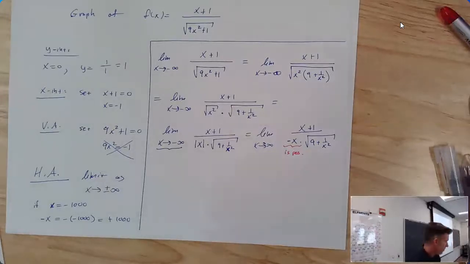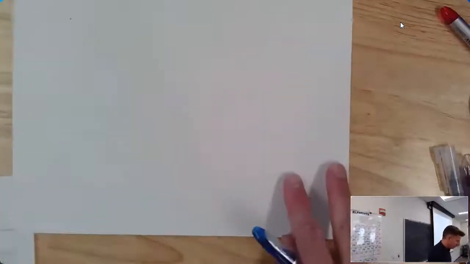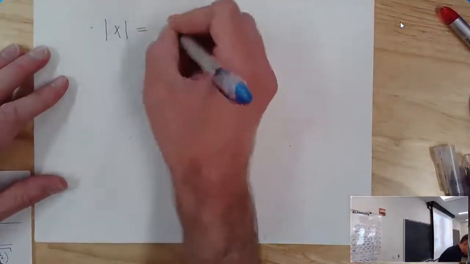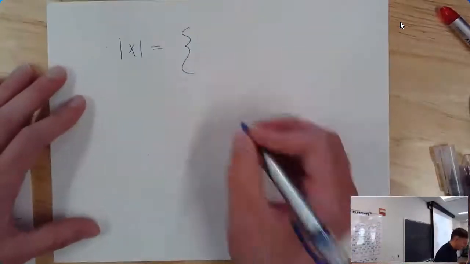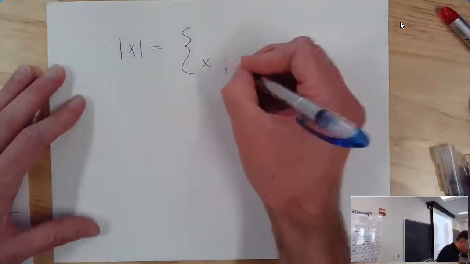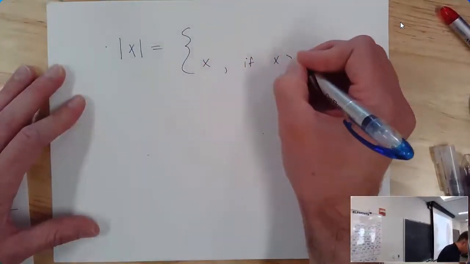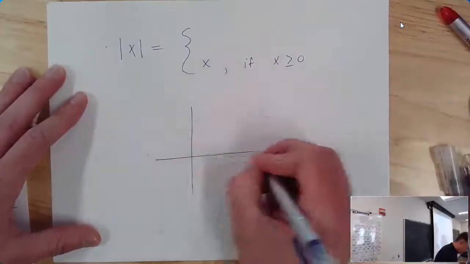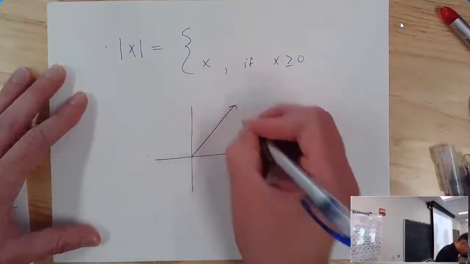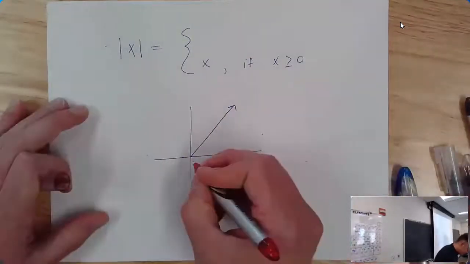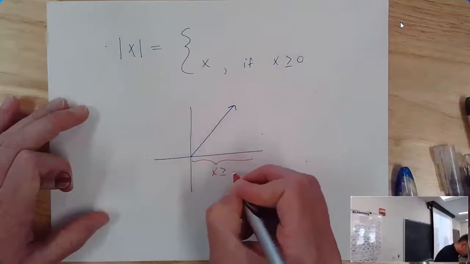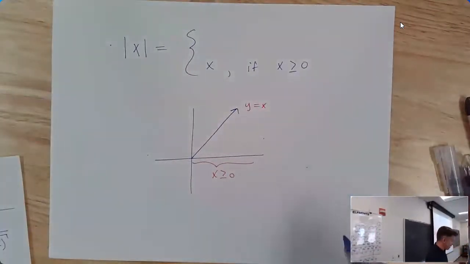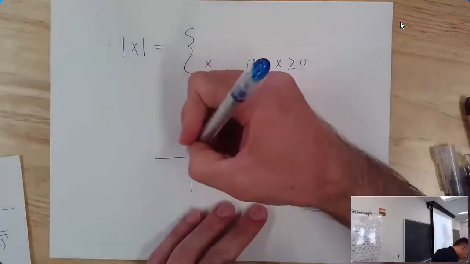Really what I'm doing is taking the absolute value in the context of the piecewise definition of the absolute value function: the absolute value of x is equal to x itself if x is already positive. There's the right side of the absolute value graph. But on the left side of the absolute value graph, it's not y equals x.